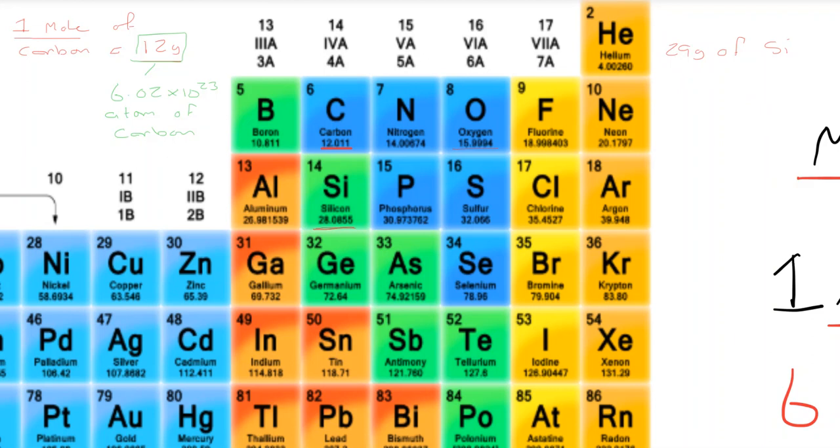so let's say this is your mass that you've weighed out, within that 29 grams of silicon, you are going to have 6.02 multiplied by 10 to the power of 23 atoms of silicon.